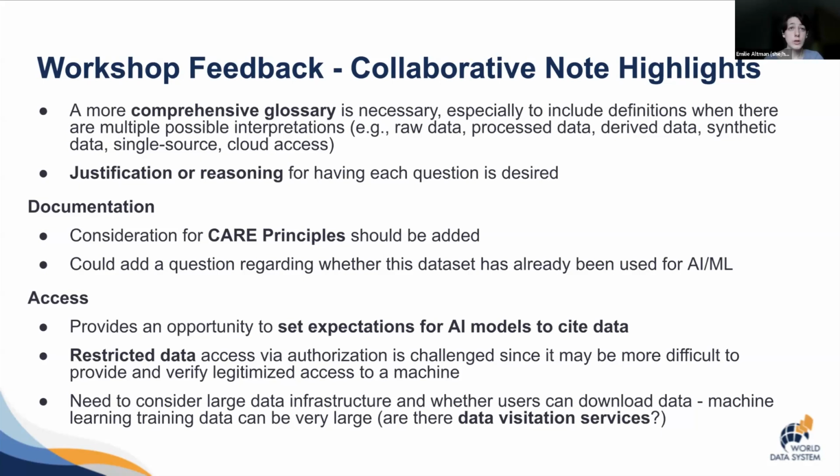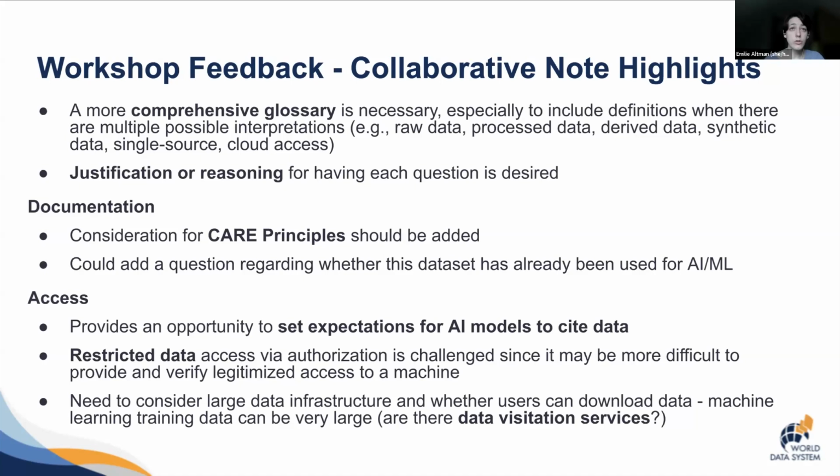Also, restricted data access via authorization can be challenging in the case of AI or machine learning, as it may be difficult to verify legitimate machine access. And on the other side of this issue, there's a concern that AI might be able to get access to data that it shouldn't have access to.